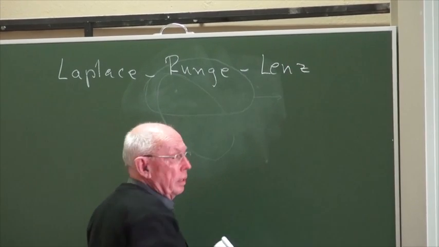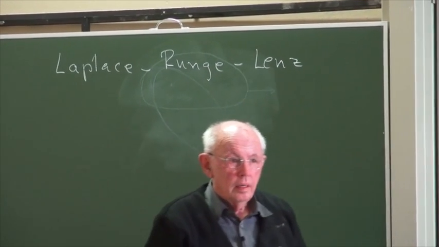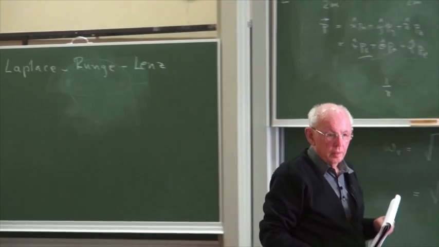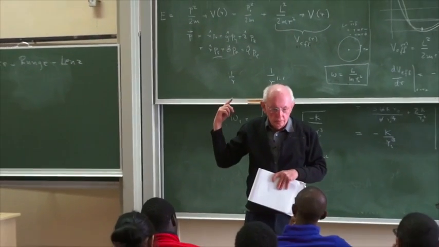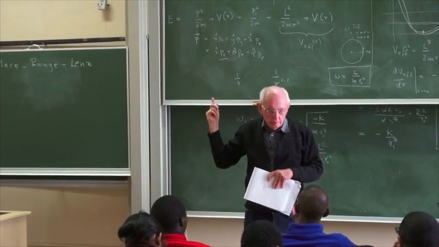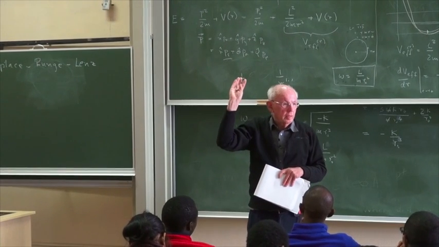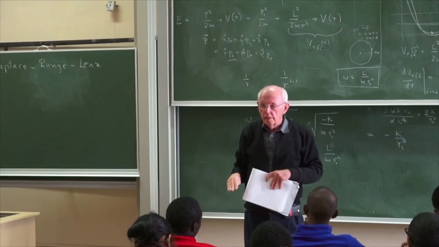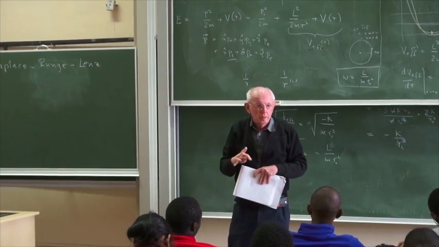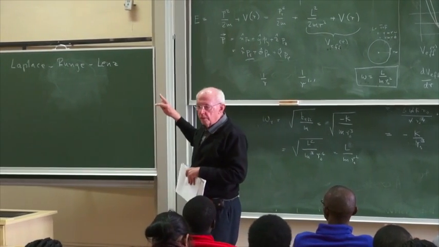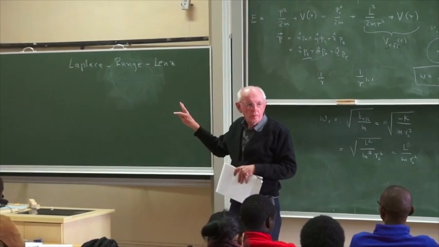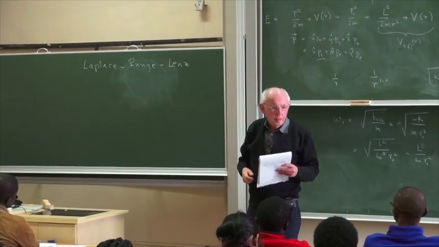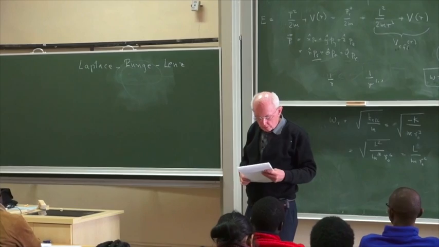This morning I quickly Googled the Lenz vector, and I found it also under these names. There's a very nice article on Wikipedia which contains all this stuff, plus a lot more than I can possibly tell you.